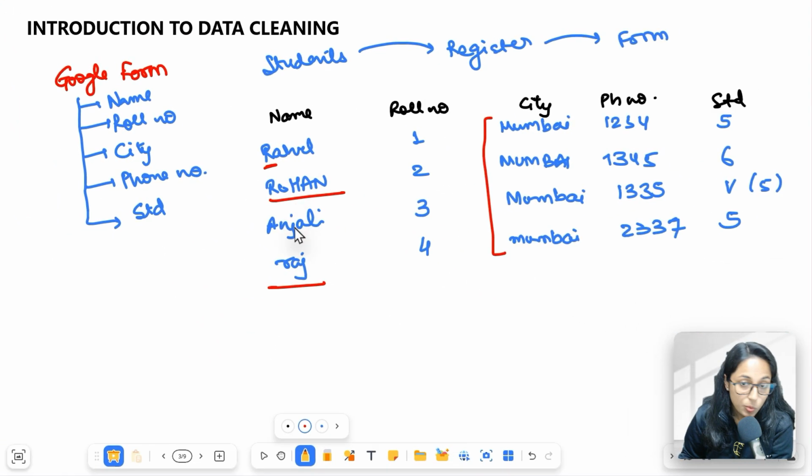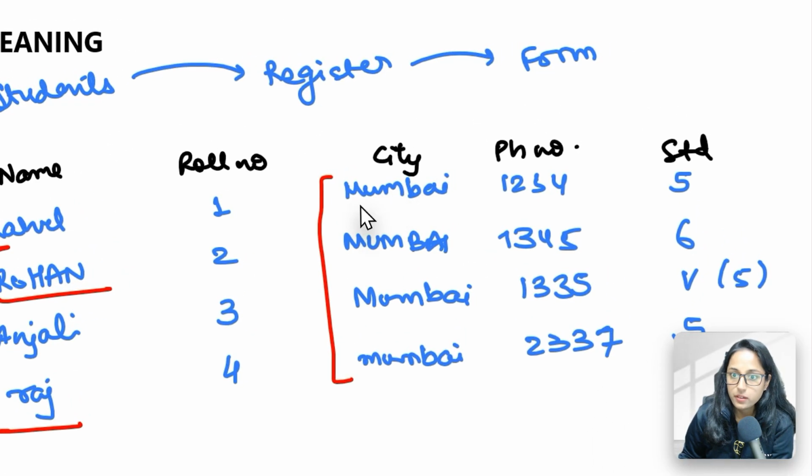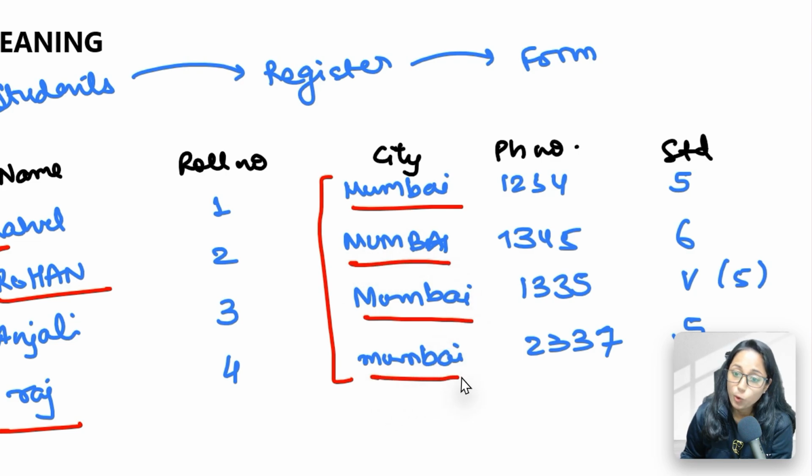Still, in name we do have variations, right? But in city, I see, okay, this is same, this is same. But this is all caps, and this is all small.